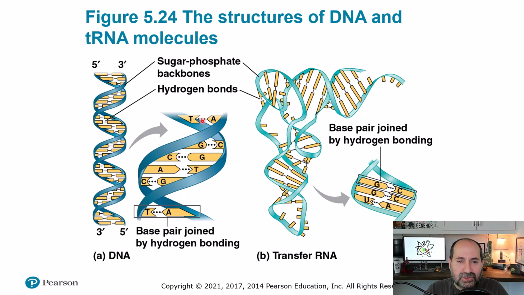So hydrogen bonds form between nitrogenous bases on the complementary strands of DNA. So if one strand has a T, it pairs with A on the complementary strand of DNA. G's pair with C's, A's pair with T's. Does that make sense?